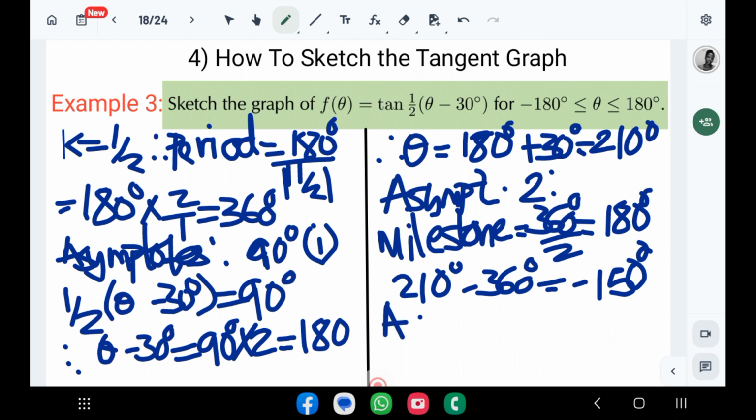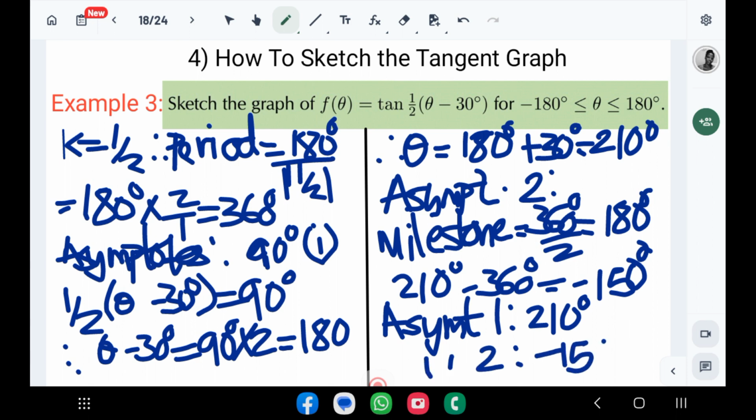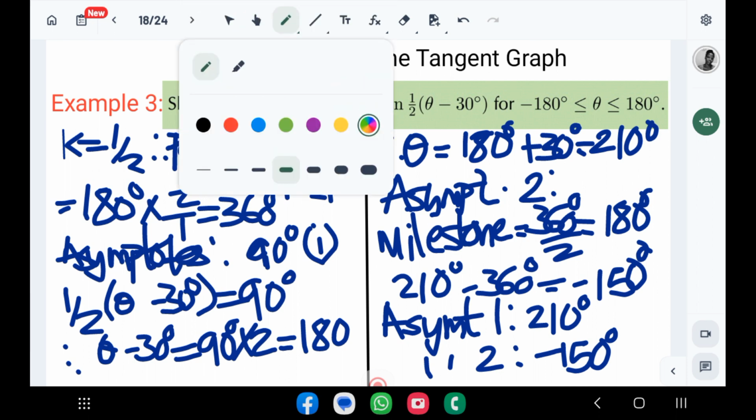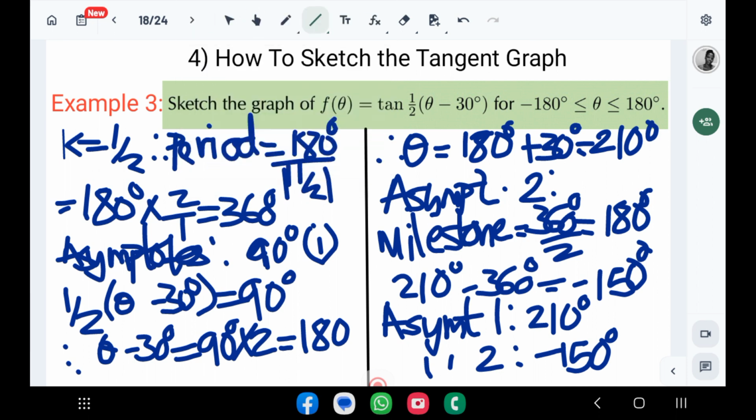So asymptote 1 is at 210, which is outside of range, by the way, and then the second one is at negative 150 degrees. This one is in range, so that one is outside of the range. Okay, let's strike it off. 210 is outside of the range. Let's change the color to red, make it thicker. All right.